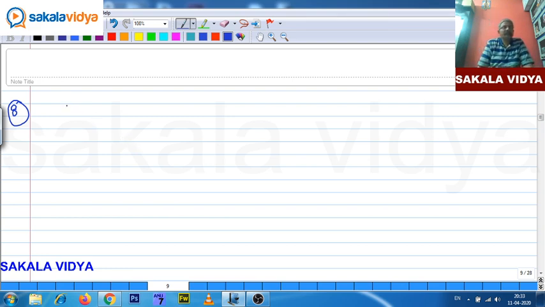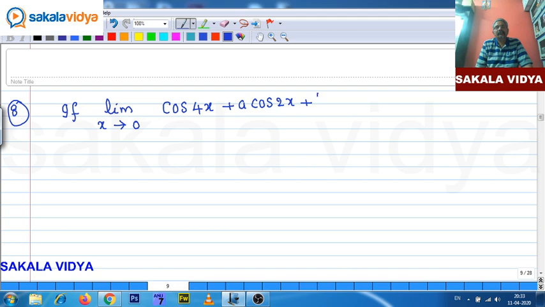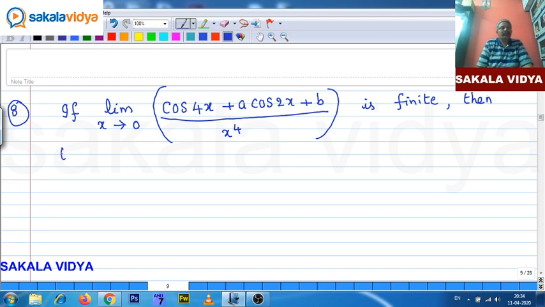So eighth question: if limit x tends to 0, cos 4x plus a cos 2x plus b upon x to the power of 4 is finite value, then the values of a comma b respectively.